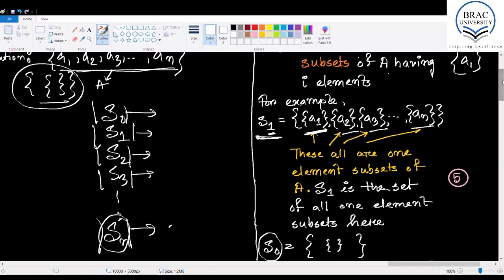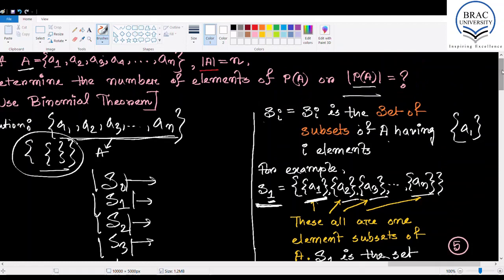Okay, then how many zero element subsets will be there? This is very easy, because among all of these n elements, we have to choose zero. In how many different ways can we choose zero elements? NC0. There will be total NC0 ways in which we can choose zero elements. So there will be NC0 zero element subsets. Then how many ways can we choose one element from this?